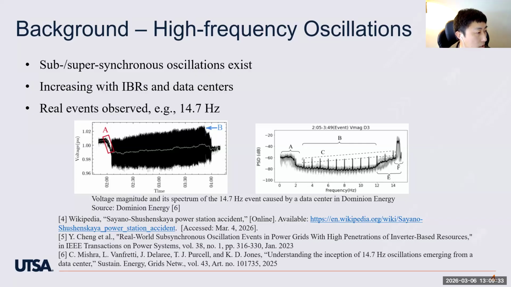The left-hand side is the time domain response of the voltage magnitude, and the right-hand side is the frequency spectrum. From the right-hand side figure, you can see the problem showing up around 14.7 Hertz. That's way beyond what PMU can deal with.